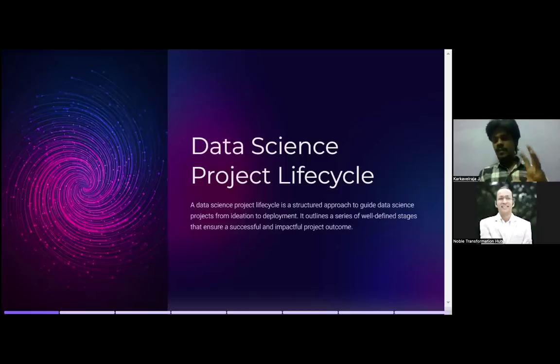Everything we need to fix before going for the deployment-ready system where we will be interacting with the client. This is what we have done for the past 25 plus sessions, and today is a summary of that.